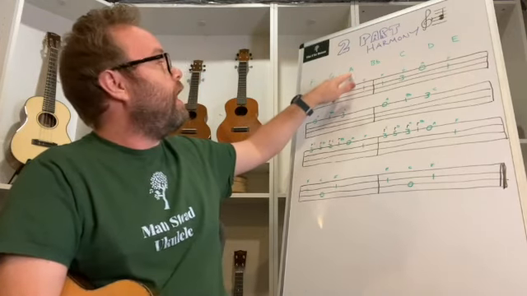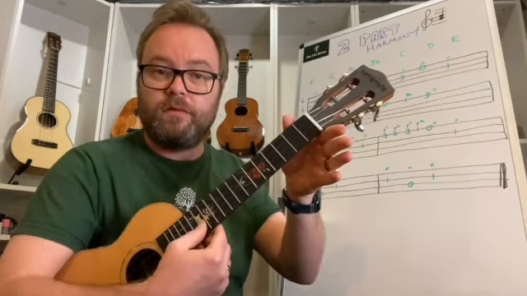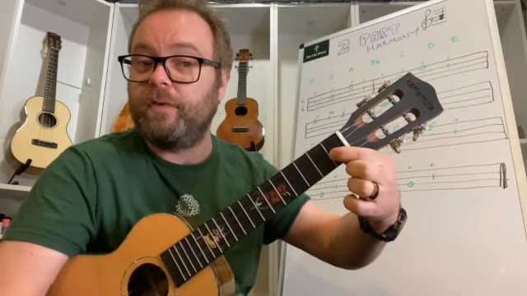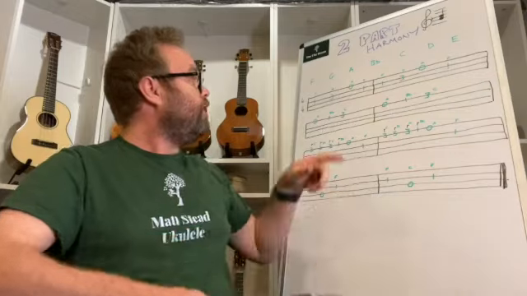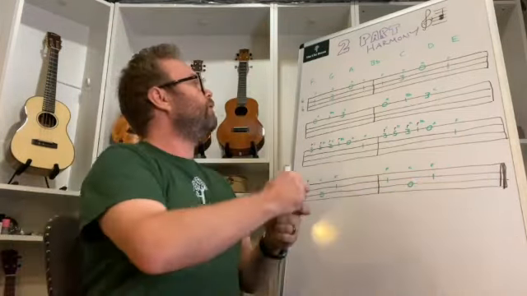I have to count that A. 1, 2, 3. So a third below an A is an F note. We know an F note because we've learnt that before, right? So if I wanted to turn that A note there into a 2-part harmony using a third below, because that's a nice way to do it, we would play an F note at the same time.